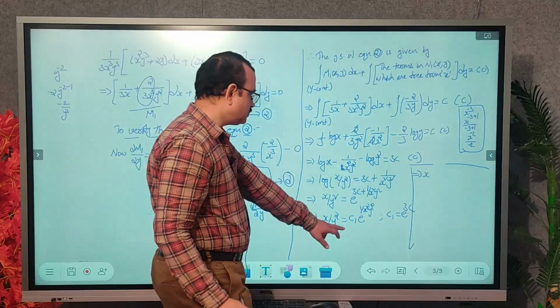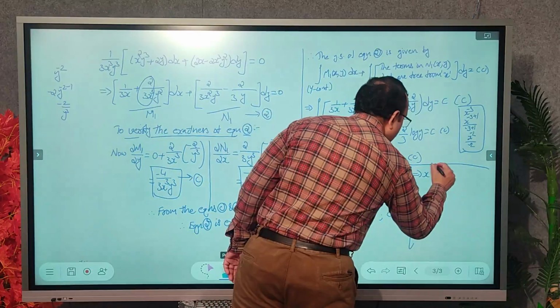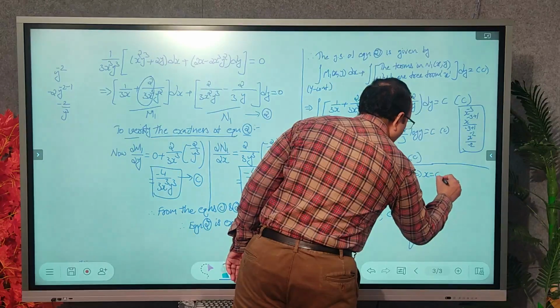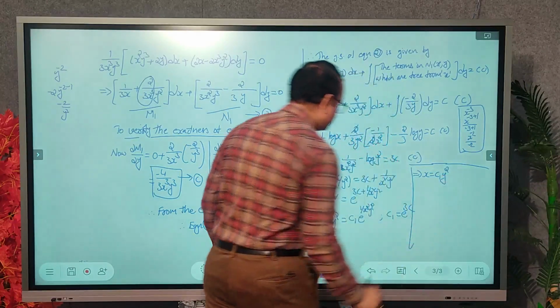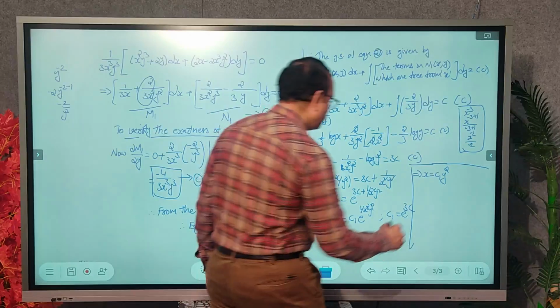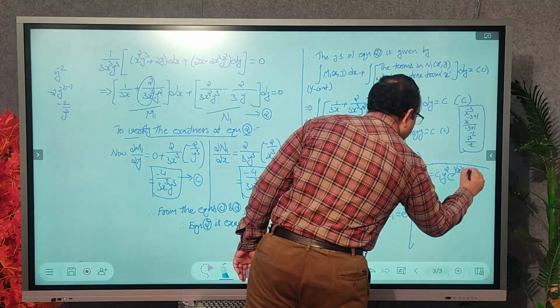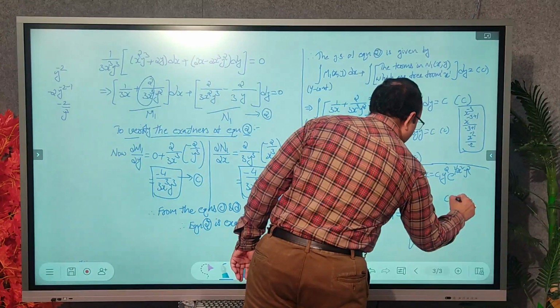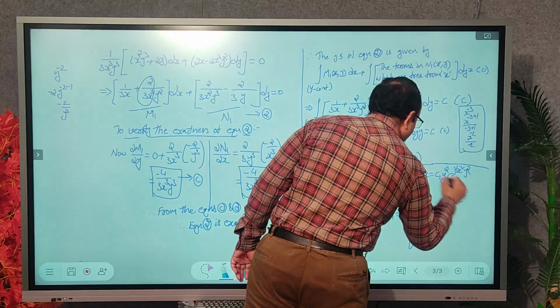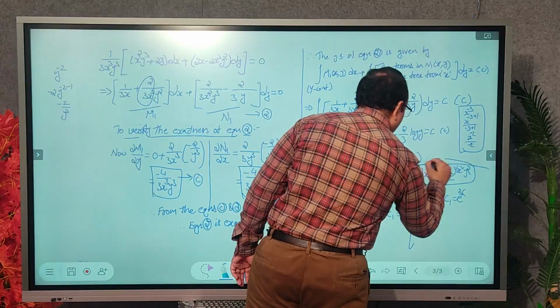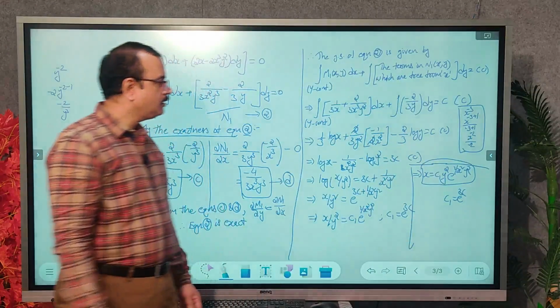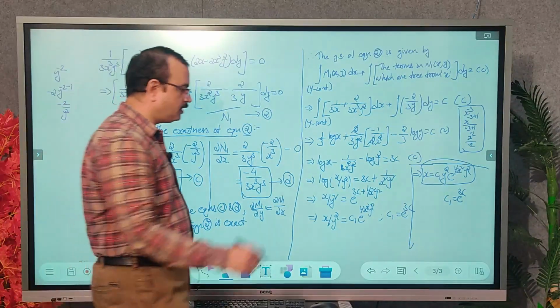So x is equal to c1 y square into e power of 1 by x square y square, and of course c1 is e power 3c, and finally that is the general solution of the given differential equation.